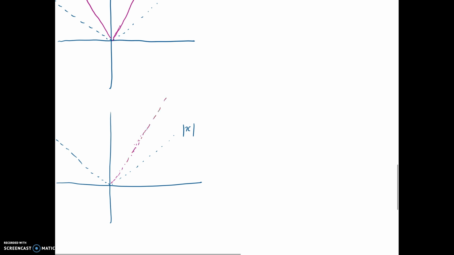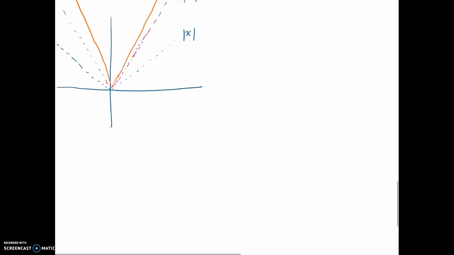The vertical stretch with 2 times absolute value of x. Obviously, if I'm looking for 2.5, it's going to be stretched even more, and that's 2.5 absolute value of x.